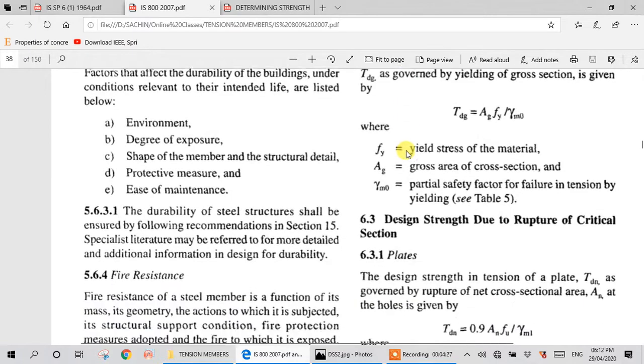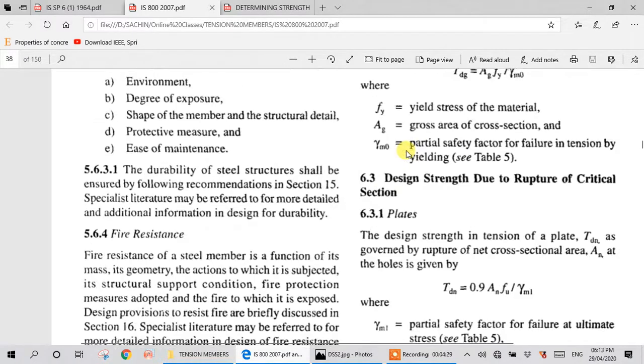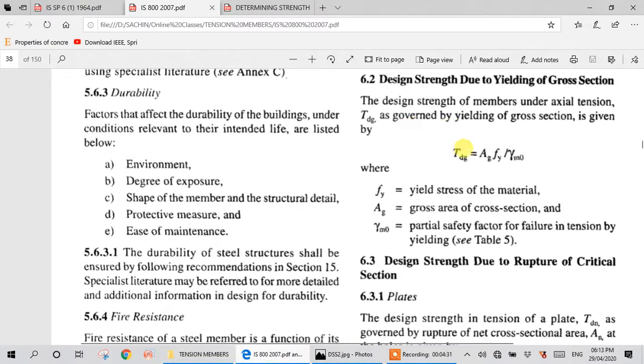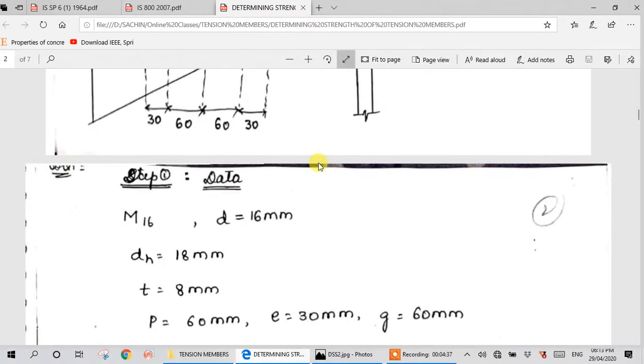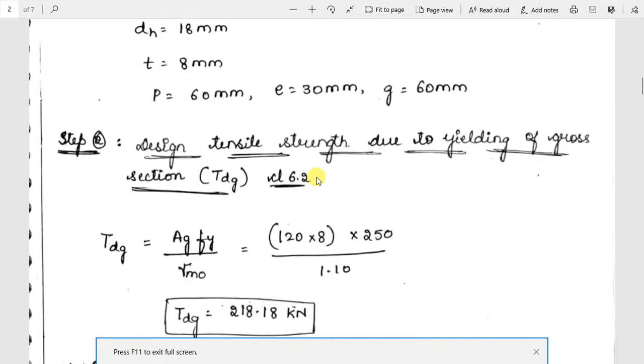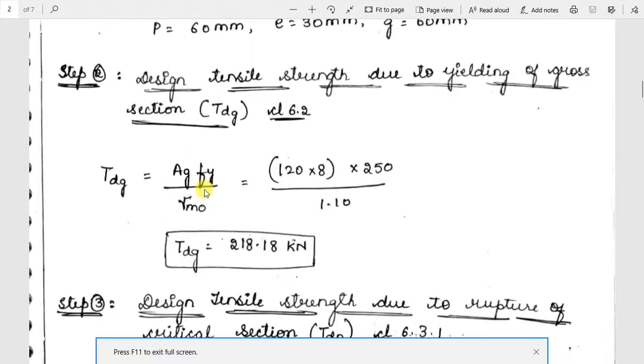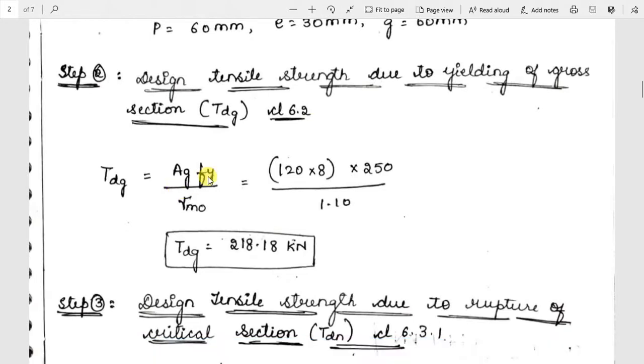So you can see here page number 32 of the code book. TDG is given over here as Ag into fy divided by gamma m0. So using that formula here, TDG is Ag into fy divided by gamma m0.